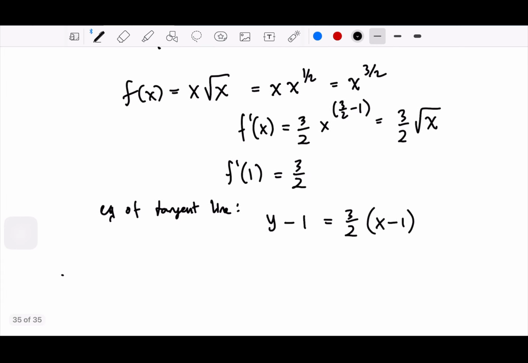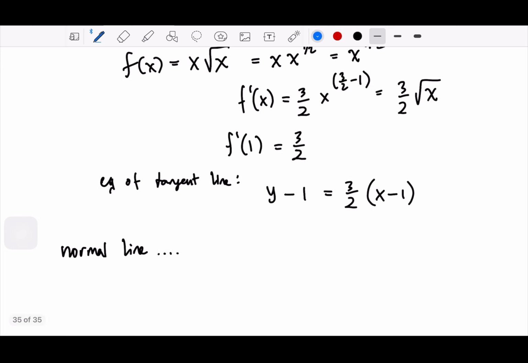However, what is the normal line? Perpendicular to the tangent line. Yeah, perpendicular to the tangent line. If you have heard of normal in physics or in vectors, that means the one going out of the plane. So if we have a tangent line, let me draw.